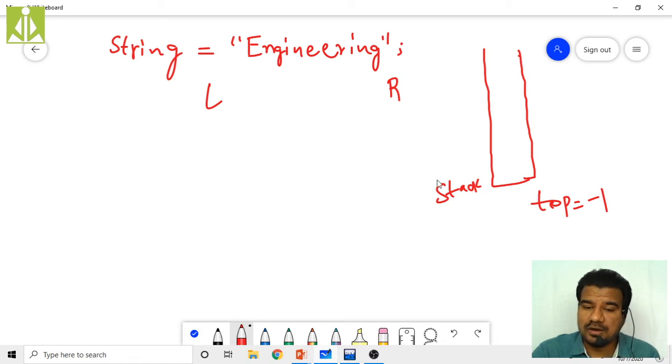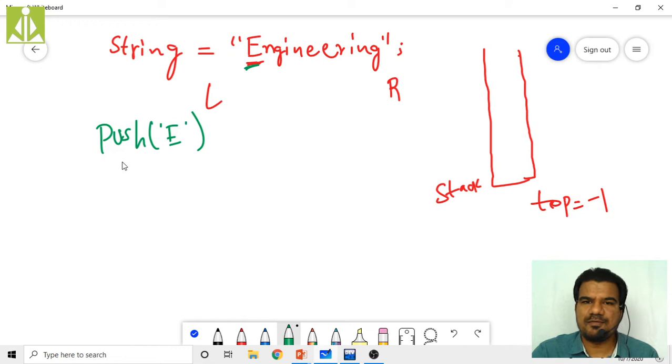So what I have to do now is scan this string from left to right. First, what character will I get? E. I will encounter this character E. So immediately what I have to do? Push this E onto the stack. How do we perform the push? When I got E, I am pushing that character E to the stack.